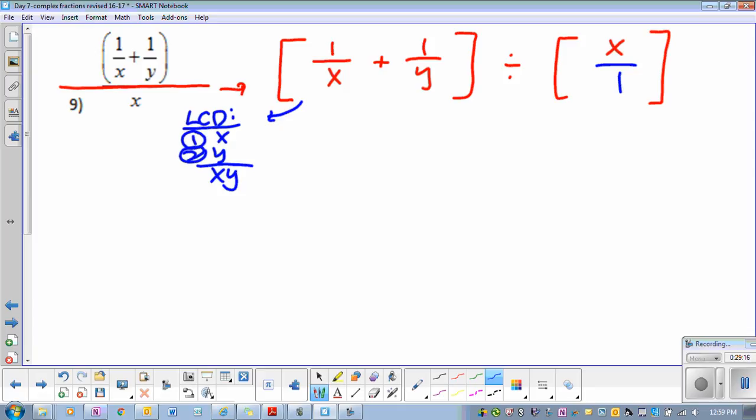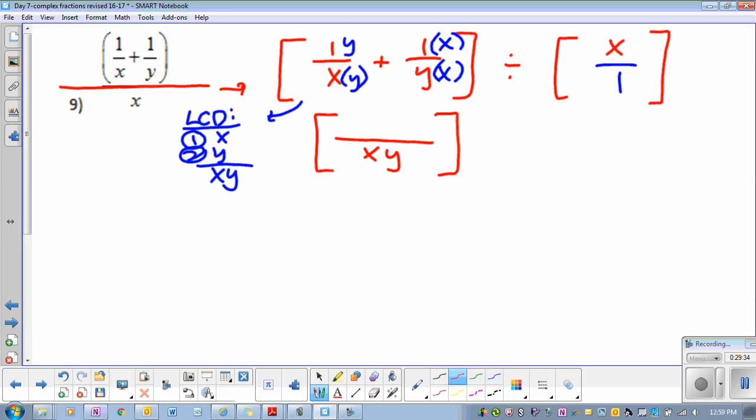What is the first one missing? Y. Okay. Second one is missing an x. So we have xy, and then what do we have? Y plus x, right? 1y plus 1x. You can't combine those. They're 2 different terms, right?